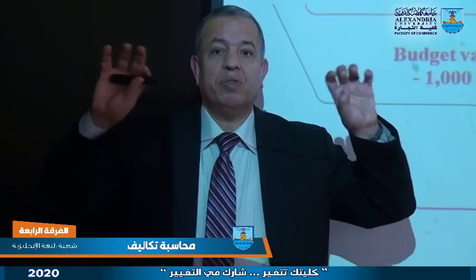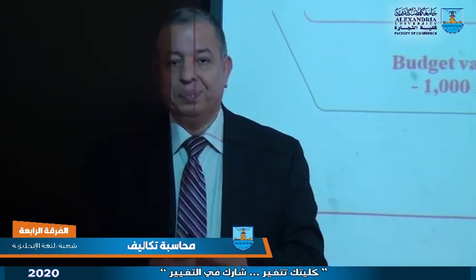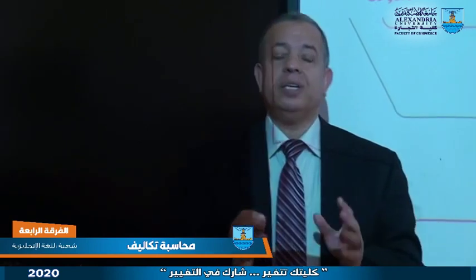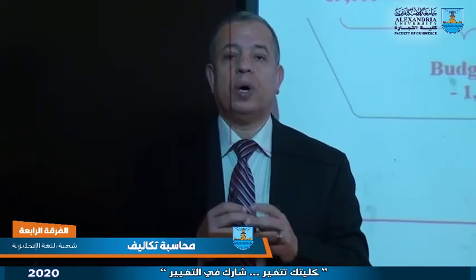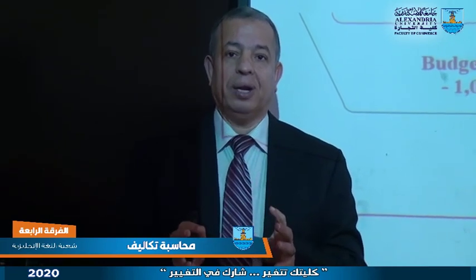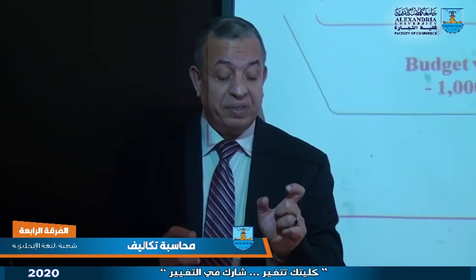This is the total variance of the company. Internally, I have to analyze this total variance into parts. The first one is direct material, where I have to calculate the total variance of direct material.